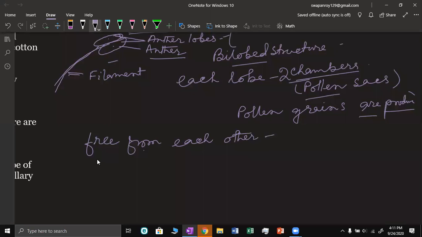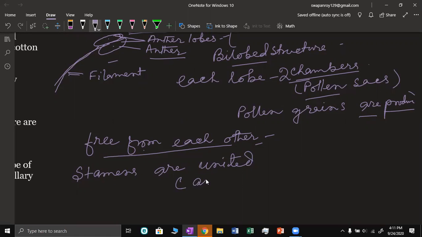But sometimes in several species, in several flowers, the stamens are united, and this united condition is called adelphous.